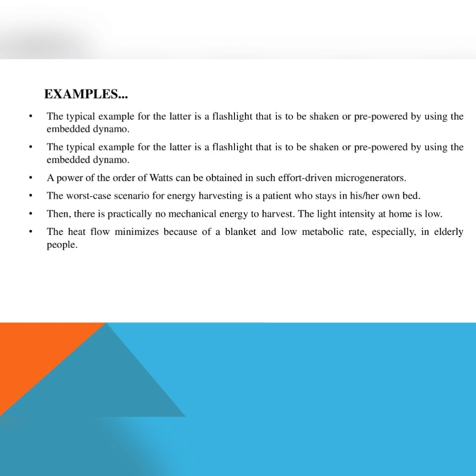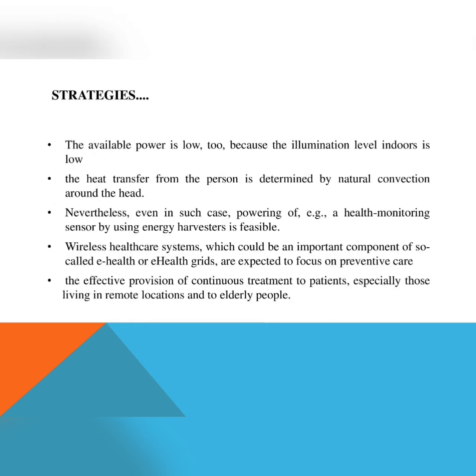The heat flow is minimized because of a blanket and low metabolic rate, especially in elderly people. Therefore, only a part of the head and sometimes the wrist of the person is the only relatively small zone where energy harvesters of thermal or light energy can be located on such patients.